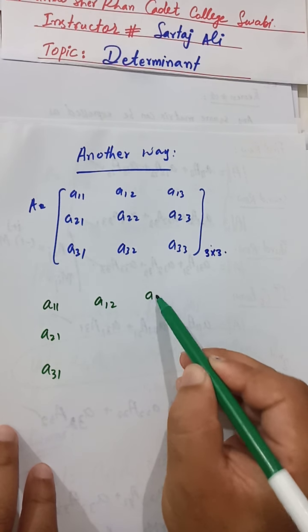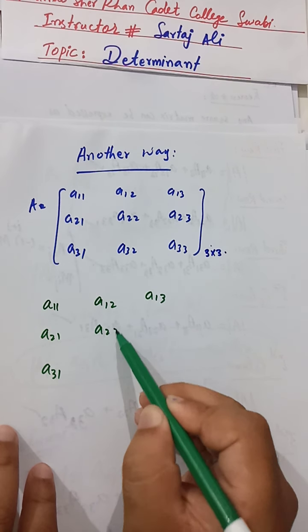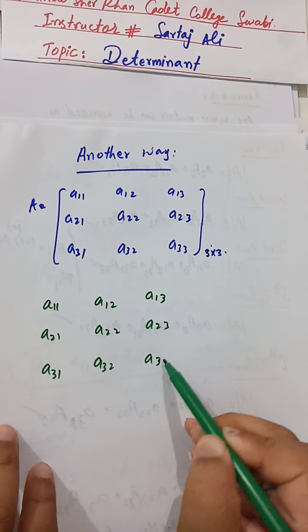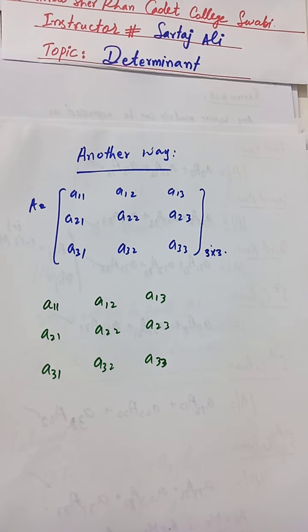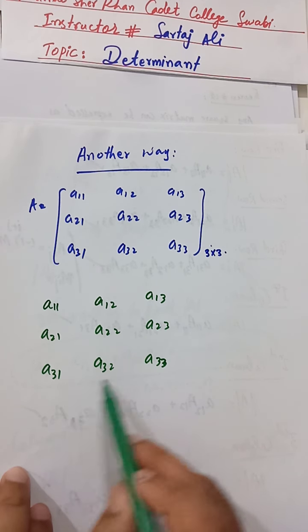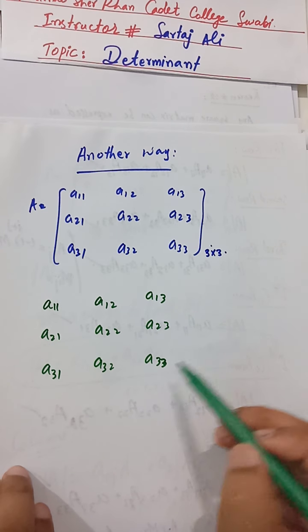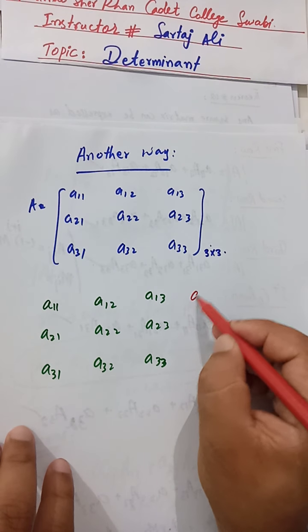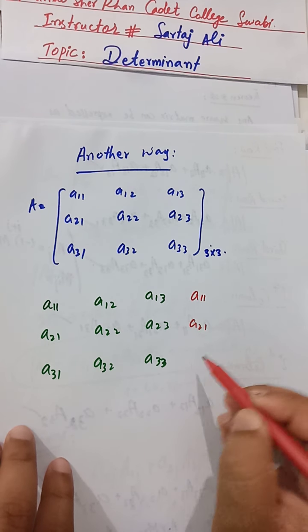This is the first row, but I am writing it without the square brackets. The first two columns will be written again after this first column.